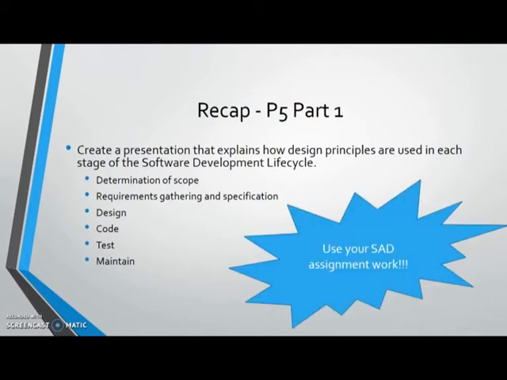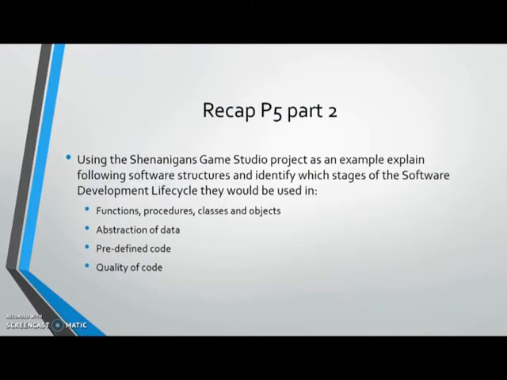So remember, you can use your systems analysis and design assignment work for this part. Then you should have done part 2, which we did in the lesson last week, which was looking at these different software structures, things like functions, procedures, classes and objects, abstraction of data, predefined code and quality of code, and talking about where those things fit in to the development lifecycle.